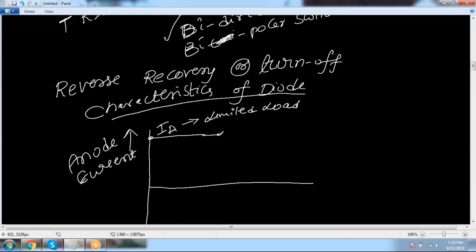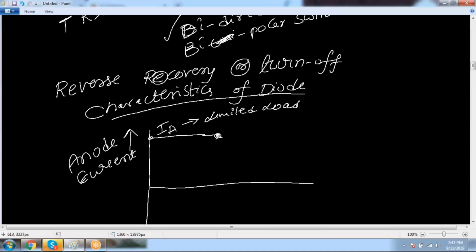Now I want the diode to be off. How can I make it? The anode current IA, how much current is it carrying?